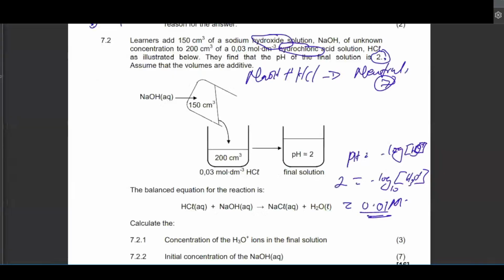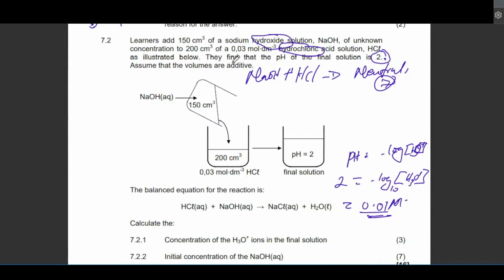But something you need to know here. Remember, they gave us a pH, and the pH is supposed to be neutral. Therefore, I need to find out why it is not neutral and the pH becomes 2. It means that the hydrochloric acid was in excess.